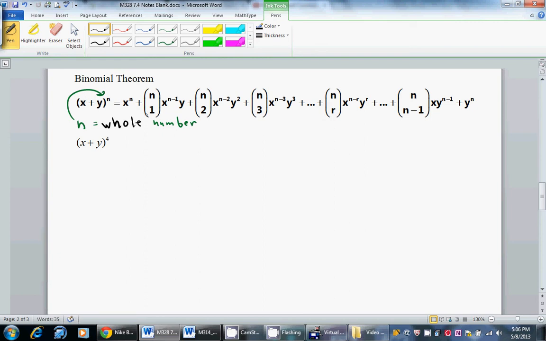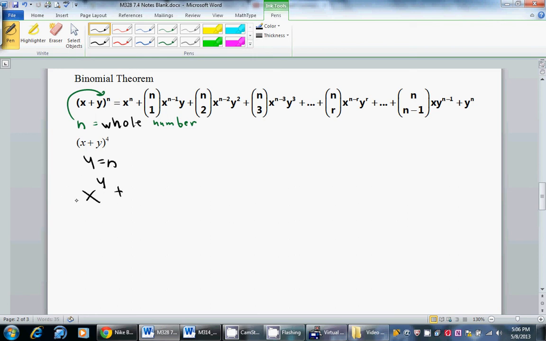Now this looks really complicated, but this is actually the most effective way for expanding a binomial where you're up to some crazy exponent. Now, x plus y to the 4th isn't that bad. So 4 equals n. The first term is x to the n, so that's x to the 4th.